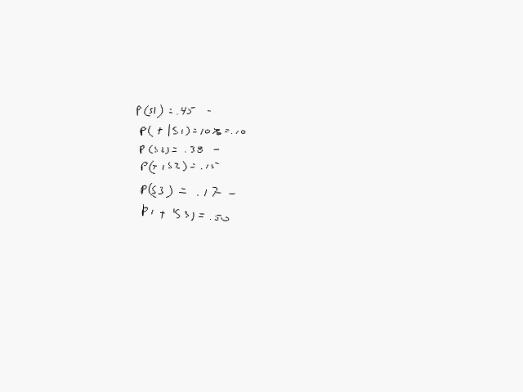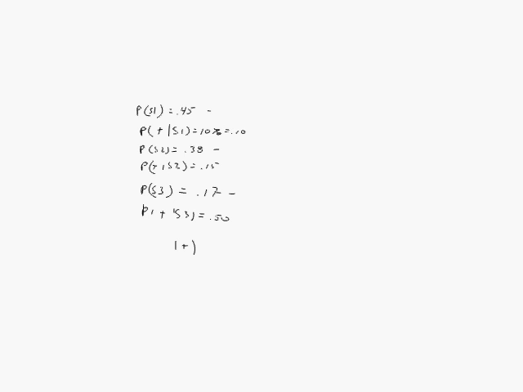Now it says, if a tagged bird is observed, okay? So given that you get a bird and you see it's got a tag, what is the probability that it is of species 1, of species 2, and of species 3?